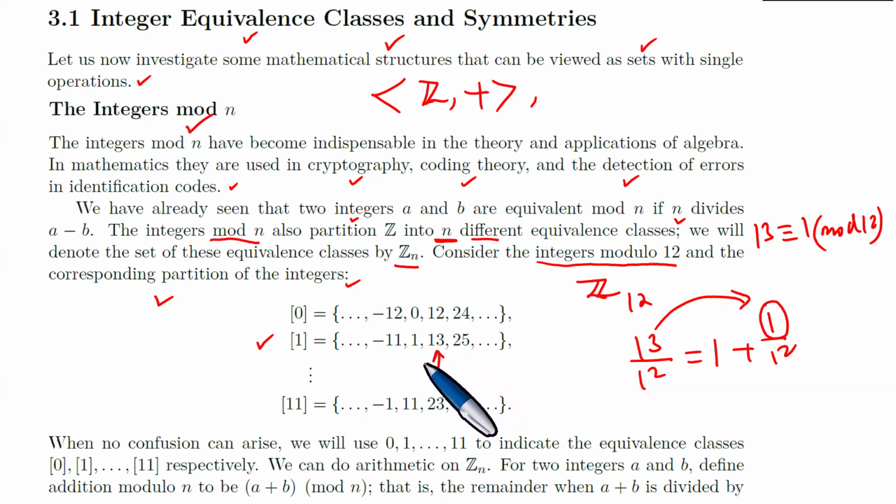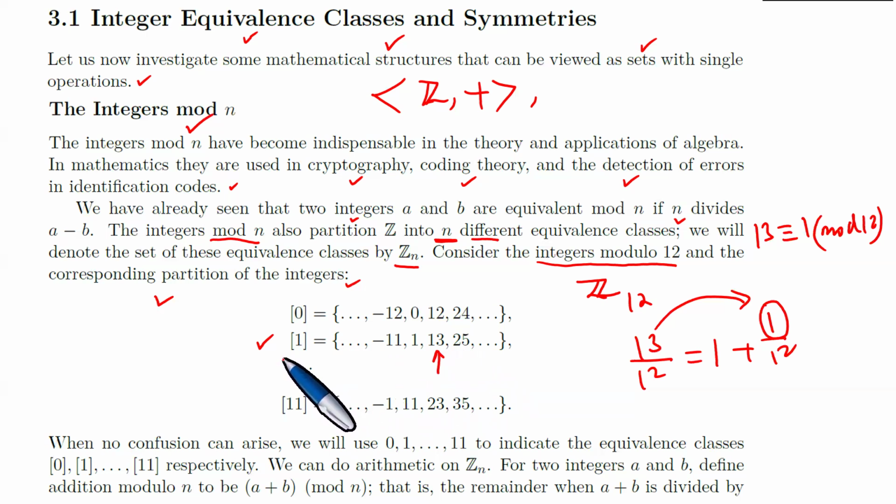Now it is very interesting. If you look at minus 11, what is minus 11? Minus 11 is also equivalent to 1 modulo 12. There are a couple of ways to see that.